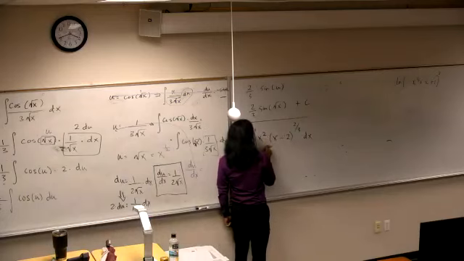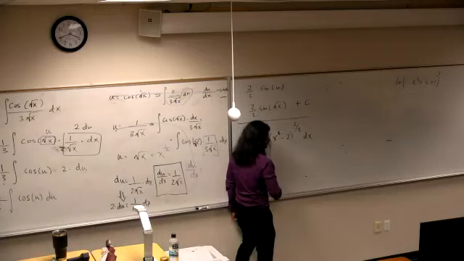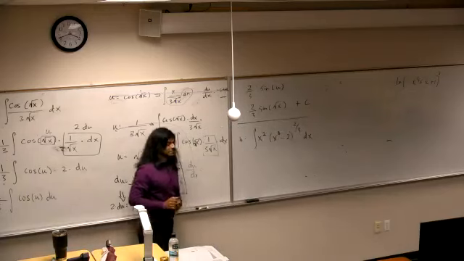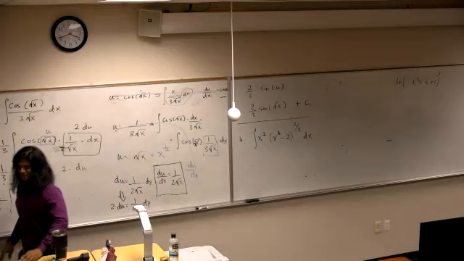Integral of x squared times x cubed minus 2, entire thing raised to 2 over 3, times dx.